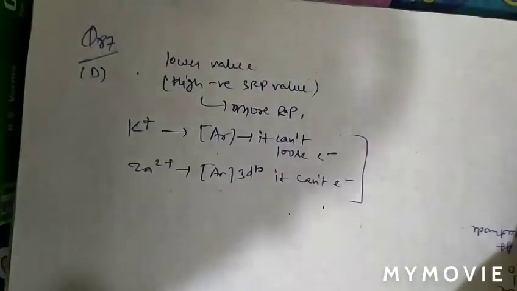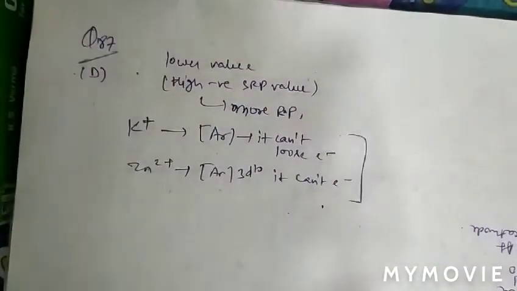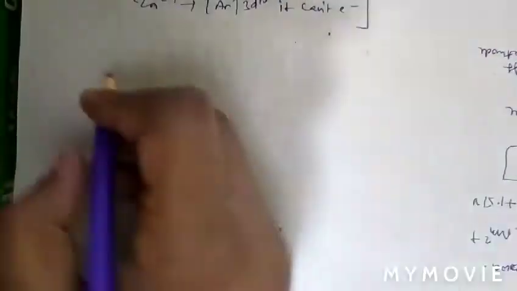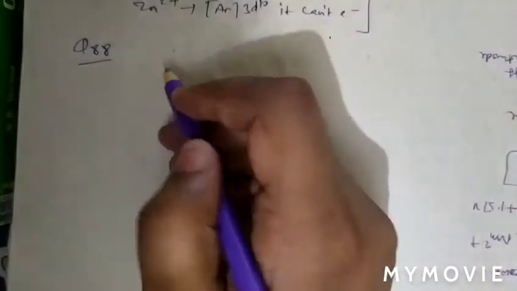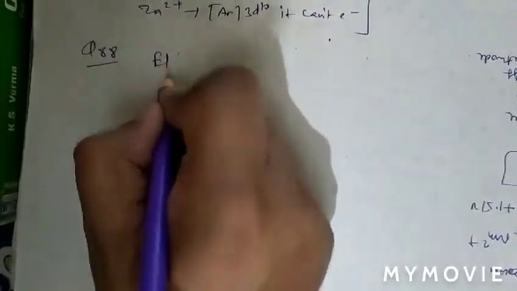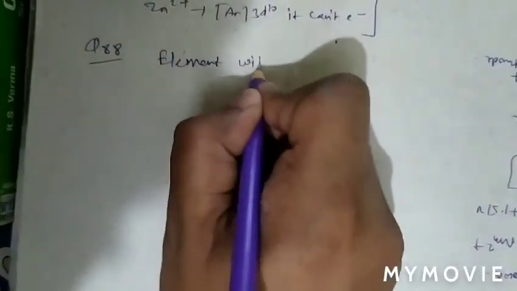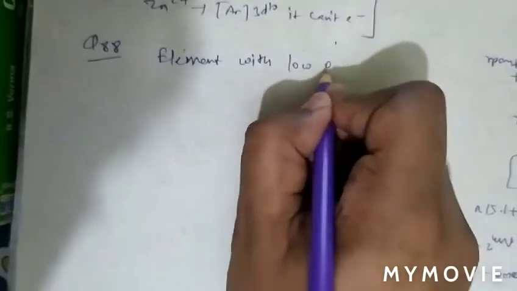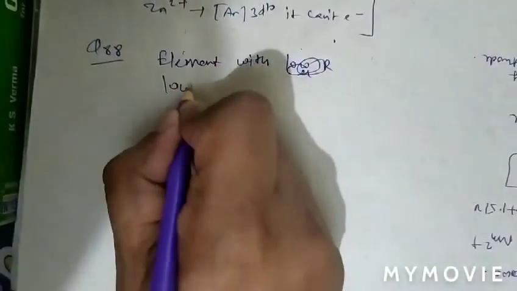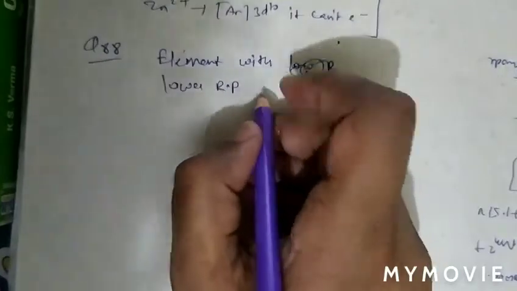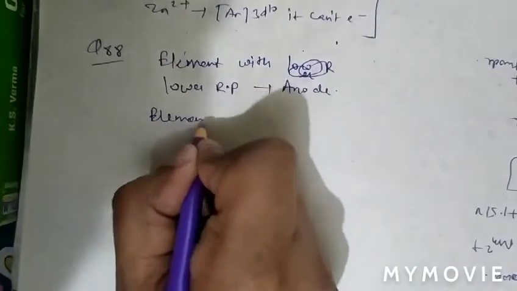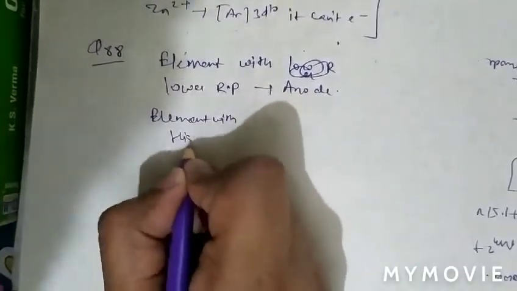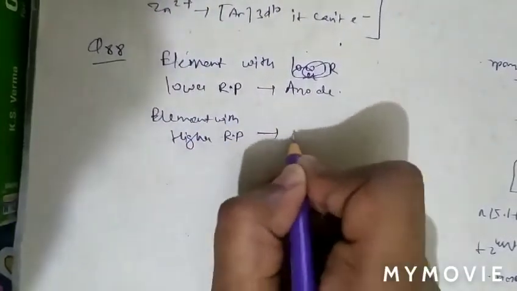See question number 88. In question number 88, which of the following statements is true for an electrochemical cell? As we know that elements with lower reduction potential will act as anode, and elements with higher reduction potential act as cathode.